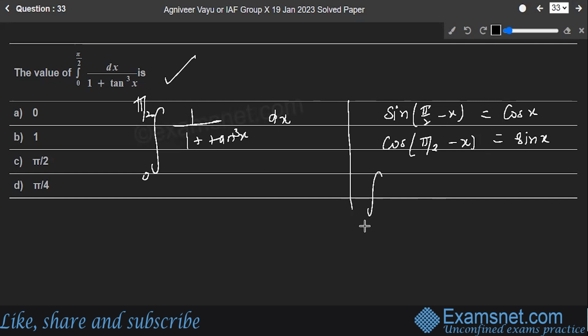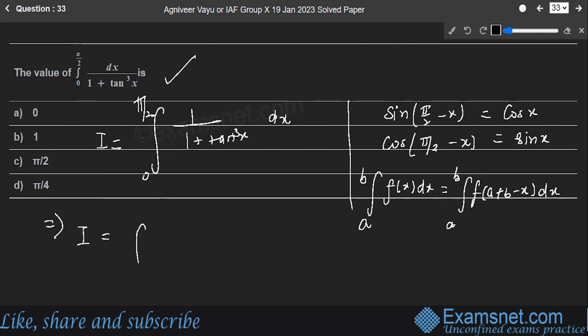Now the integral, limit a to b f(x) dx is equal to integral a to b f(a plus b minus x) dx, right? Now all these formulas will be used in this question. Let's get back to our question. This is equal to I. So here I is equal to integral 0 to pi by 2, dx upon, I'll open the tangent. Now it will be sine cube x upon cos cube x.